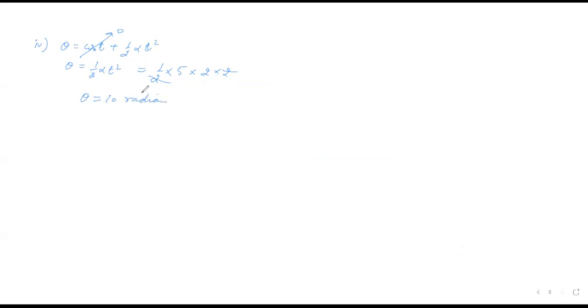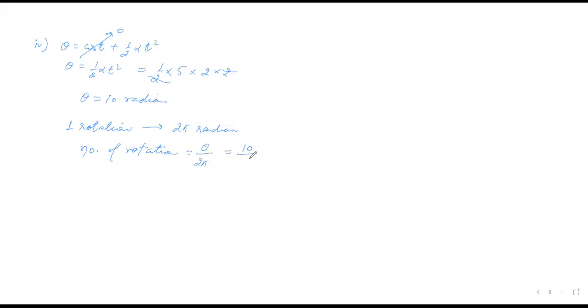But your question is asking the number of rotations completed by the dipole in 2 seconds. We already know that in one rotation we have a total of 2 pi radian. So the number of rotations will be theta over 2 pi.